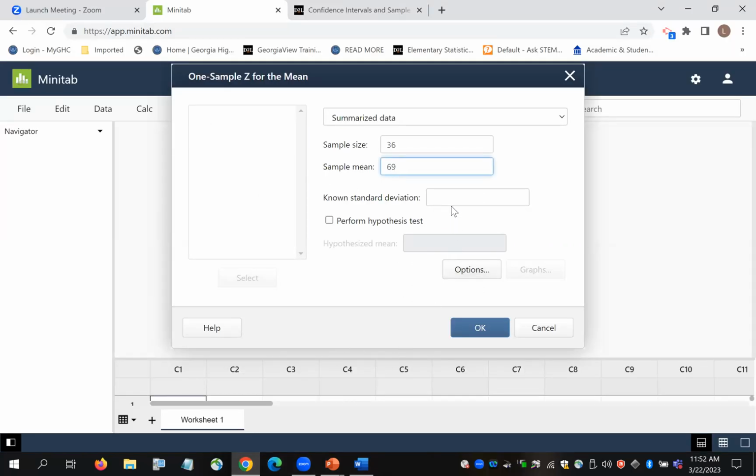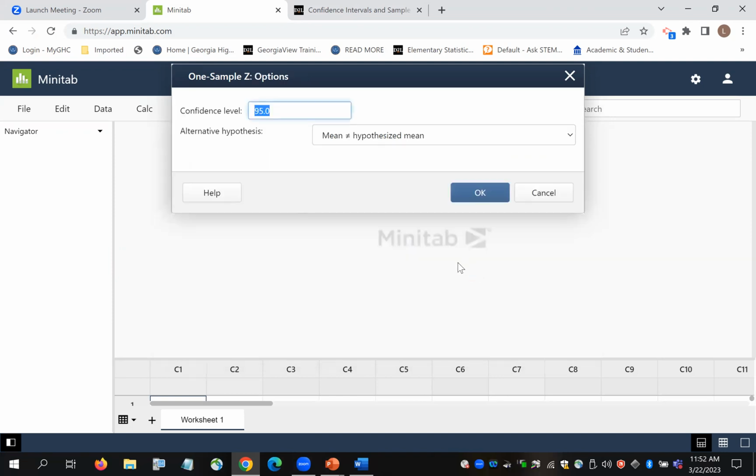The known population standard deviation was 3. I go to options. We're doing a 95% confidence level, and the alternative hypothesis will always be not equal. I click OK.